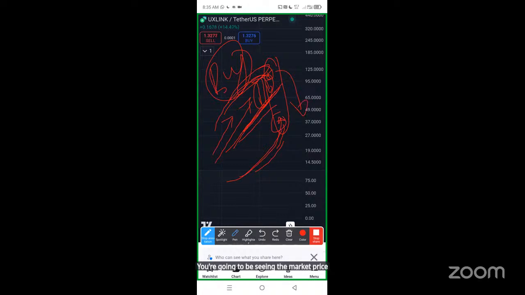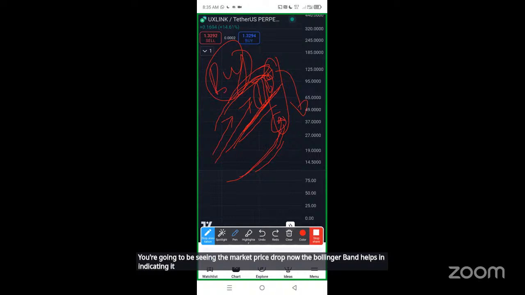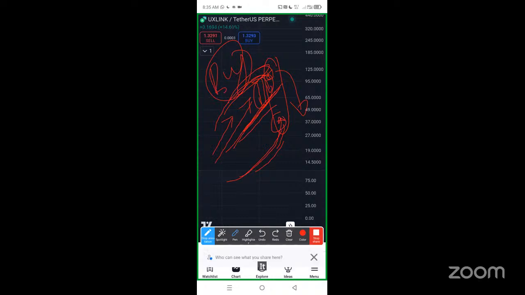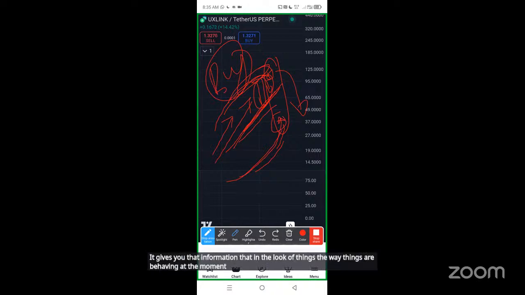Now, the Bollinger Band helps in giving you a signal of what is about to happen in the market. The way things are behaving at the moment, by the leaning of the upper band and the lower band towards the middle line, it means the market is losing momentum. It is losing volatility.